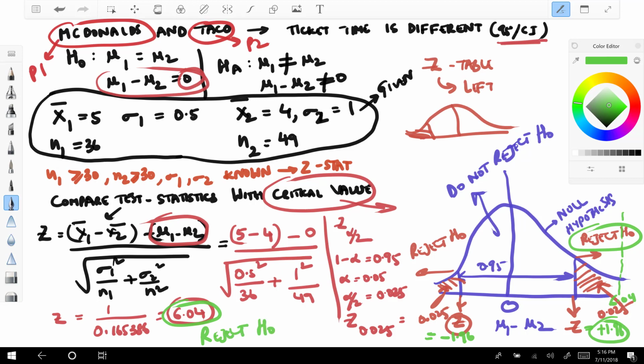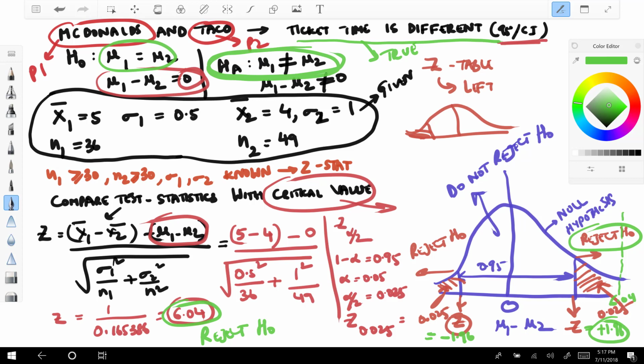If we reject H null, which says both are equal, our claim is true. Our claim that ticket time is different is true. So this is how you solve a two sample hypothesis testing.